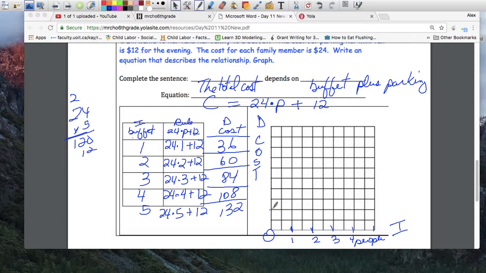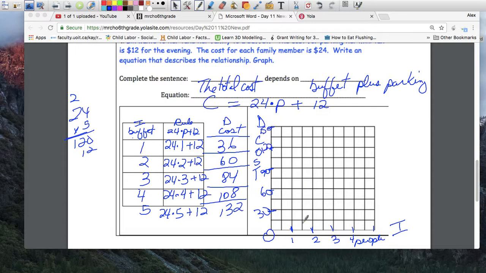30s? Let's try 30s. 30, 60, 90, 120, 150. Okay.